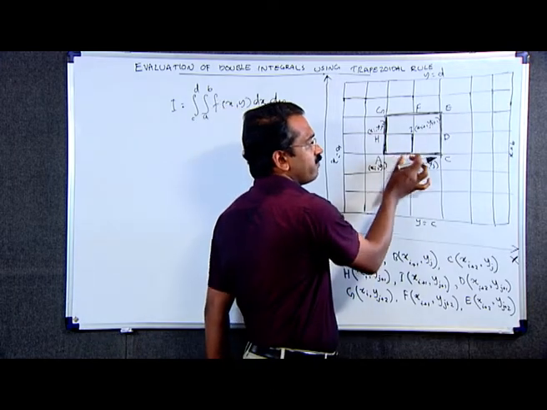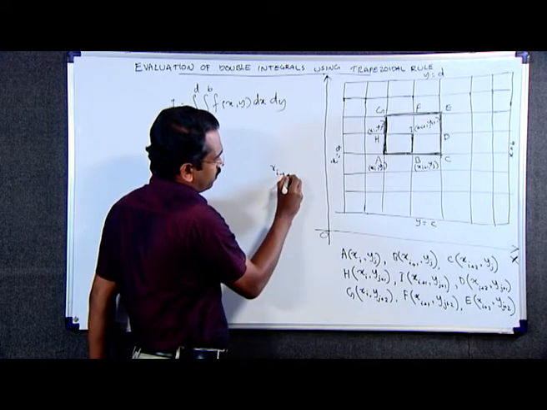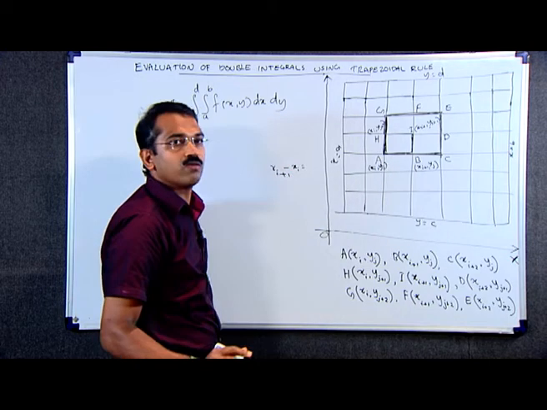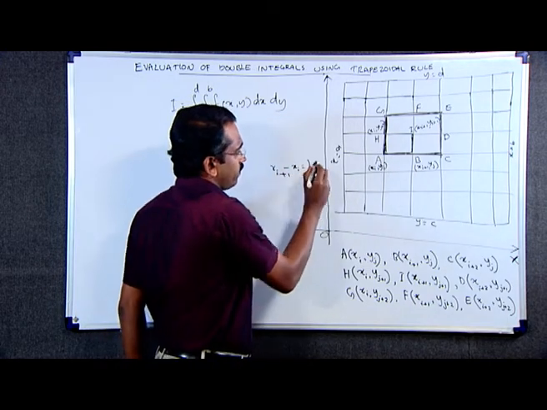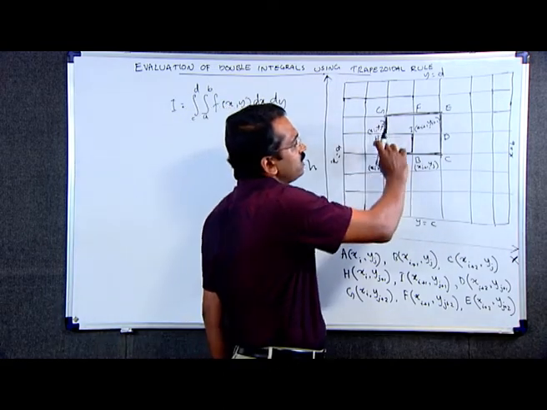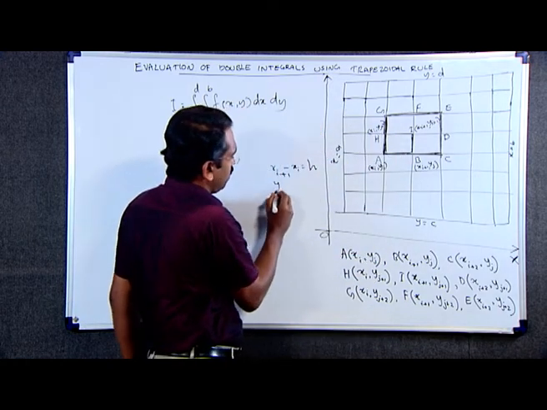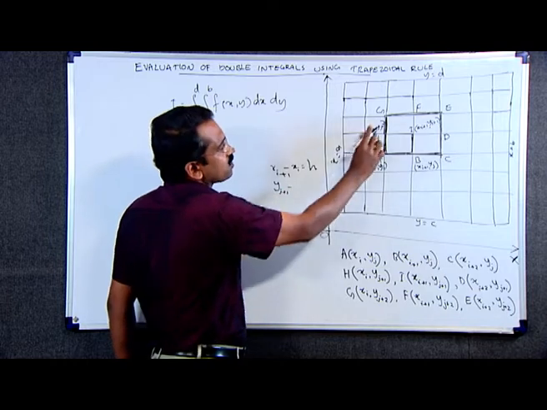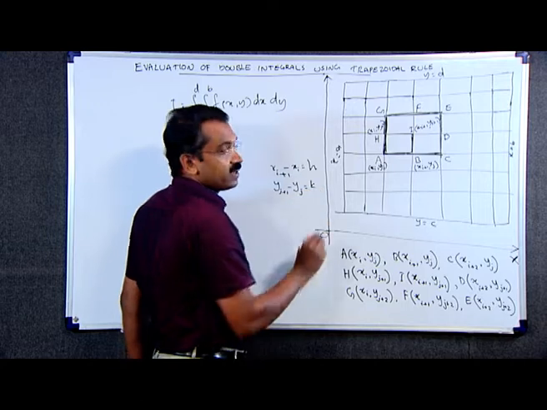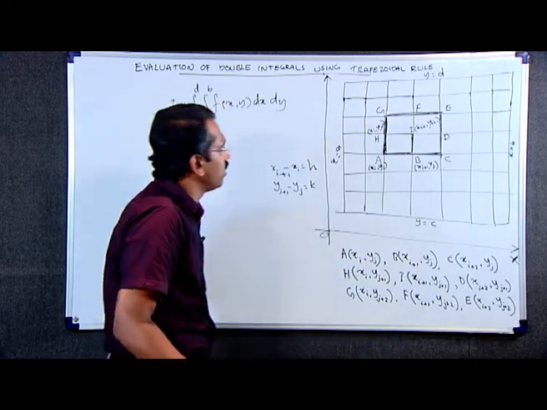Here, this difference, that is xi plus 1 minus xi, we denote by h, and along the y axis we take this difference yj plus 1 minus yj, let it be k.